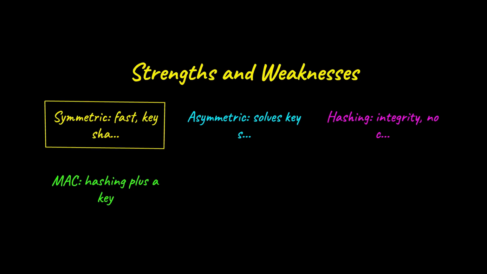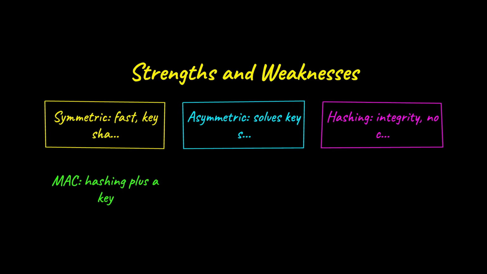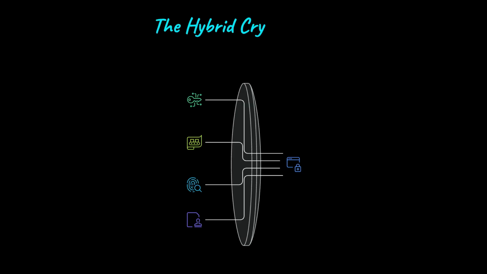Symmetric cryptography is fast and great for bulk data, but distributing the shared key is hard. Asymmetric cryptography solves key distribution and enables signatures, but is too slow for bulk work. Hashing provides integrity through a one-way fingerprint, and adding a secret key turns it into a message authentication code.